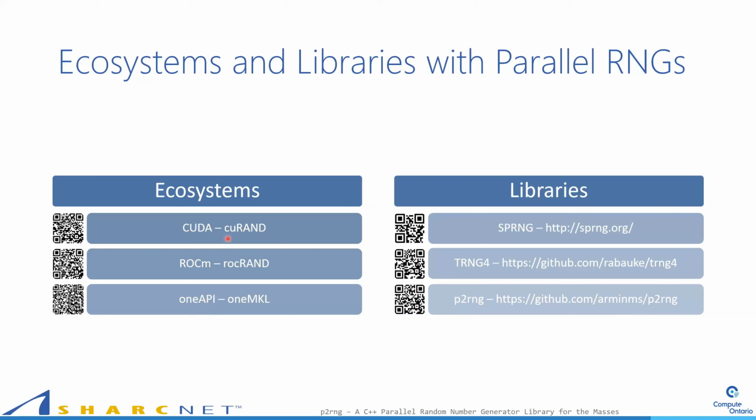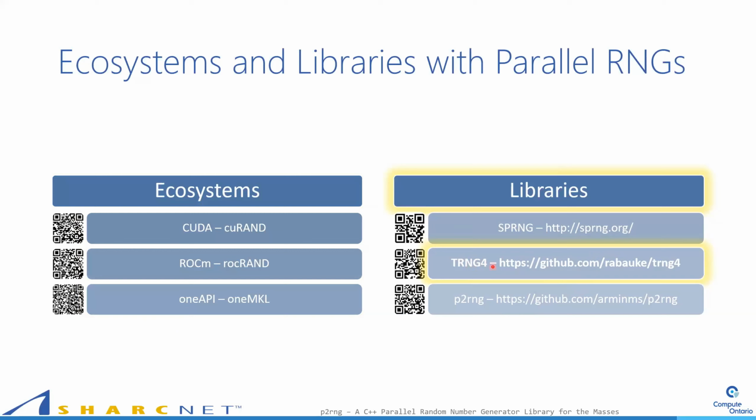There are other ecosystems and libraries that help you generate random numbers in parallel. CUDA, ROCm, and OneAPI all provide their own parallel random number libraries: cuRAND, rocRAND, and oneMKL. But their interfaces are not compatible with the STL or with each other, plus they don't play fair. On the library side, SPRNG is one of the first parallel random number generation libraries, but it only supports distributed memory architecture or MPI, and it has not been updated for a while.